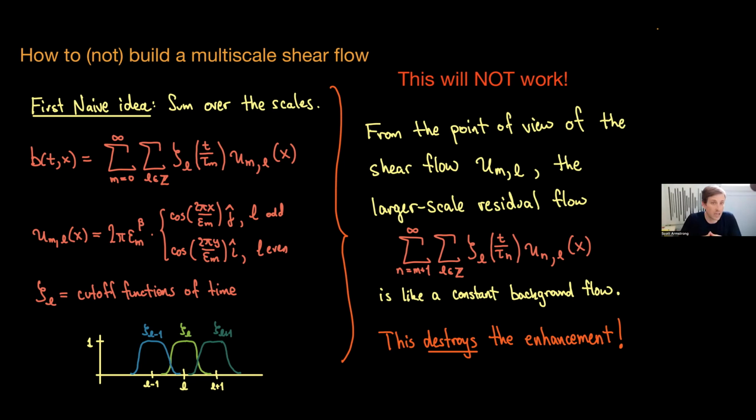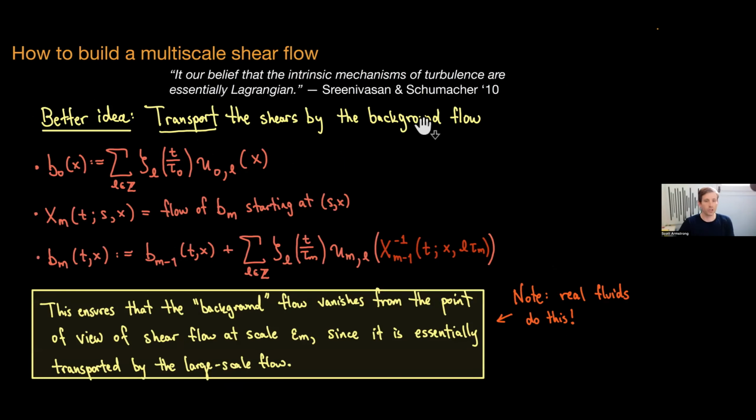When you get to a scale and you want to insert it into your vector field, you put it in the Lagrangian coordinates of the flow of the previous vector field. So you look at a particle flowing down the river of the previous scales, and you put your shear flows in those coordinates. Then you will not have any interaction, because if you switch to Lagrangian coordinates, the background drift is 0. That's the reason that it works, and that's what we do: transport the shears by the background flow.